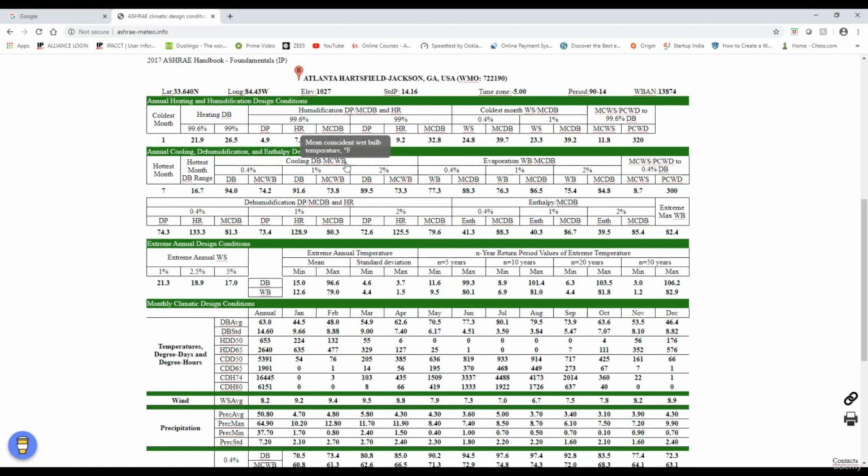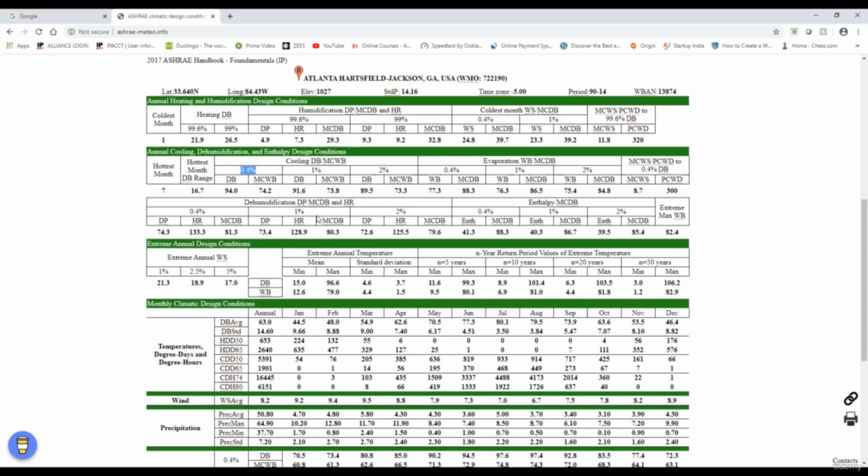Here, you will notice that the dry bulb temperature and the MCWB are given for 0.4%, 1% and 2% conditions. As a designer, we will always consider the 0.4% conditions, which is the worst case scenario that will happen over the year.